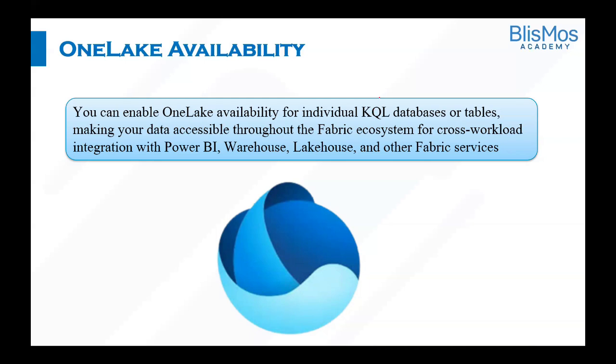Okay. So because this is a different data store, see, rest everything is boiling down to OneLake, then Parquet files. But in this case, it's a database for event data, right? So even though it is a different data store, we can enable OneLake availability for KQL databases or tables, so that the data which is there in the KQL databases is also available for other systems, Power BI, Warehouse, Lakehouse, other Fabric services.